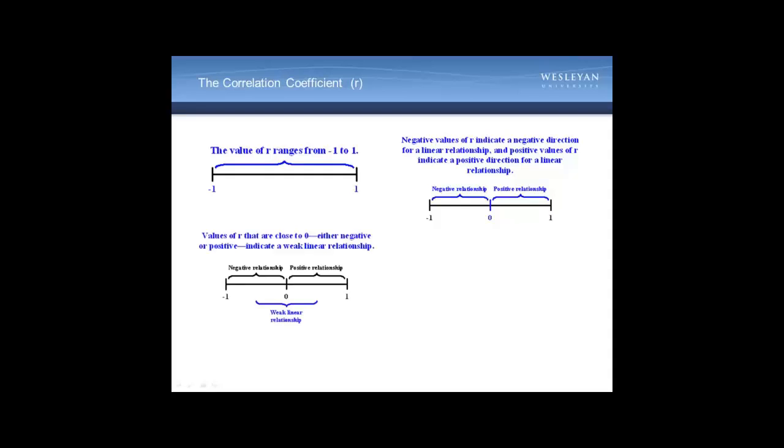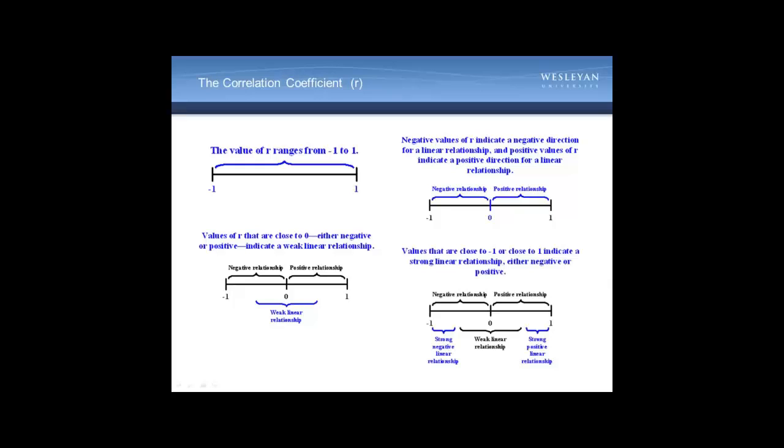Values of r that are close to 0, whether they're negative or positive, indicate a weak linear relationship. And values that are close to -1 or close to +1 indicate a strong linear relationship, either negative or positive.